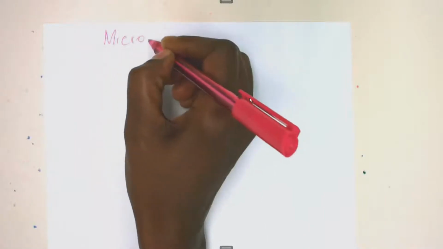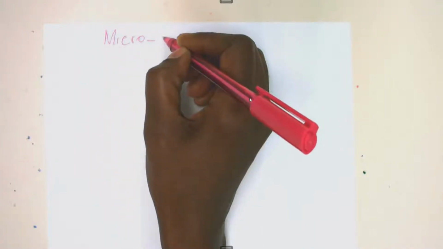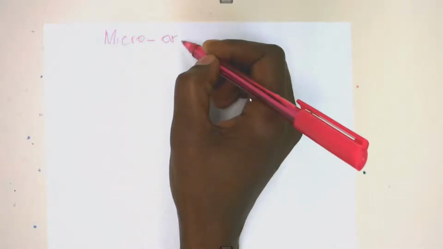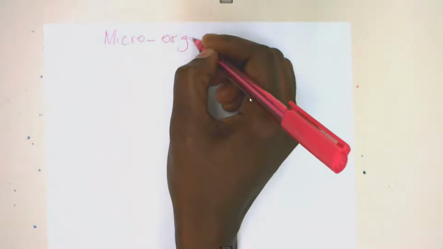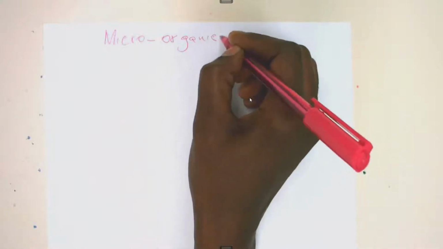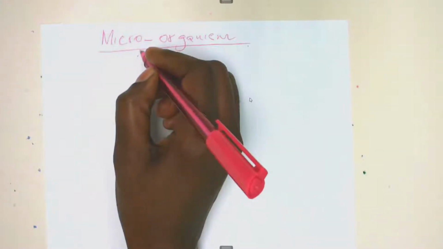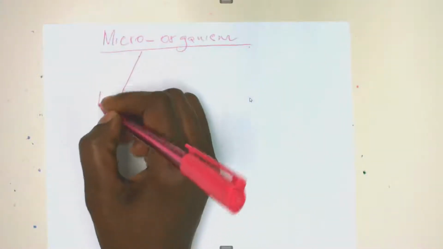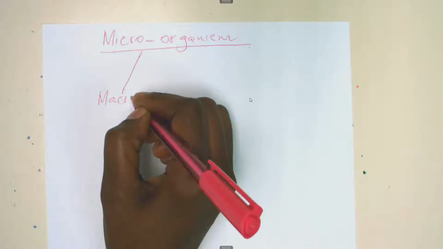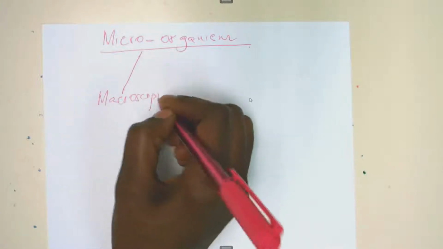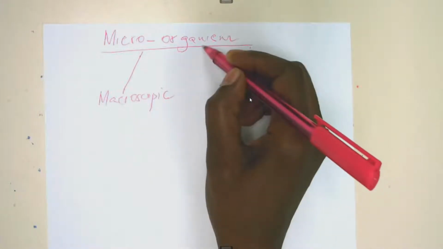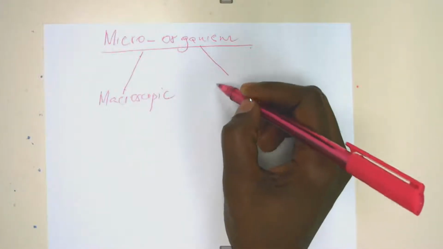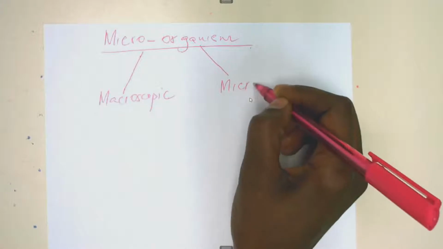As you remember, I said the topic for today is microorganisms. So under microorganisms, we have those organisms that we refer to as microscopic.